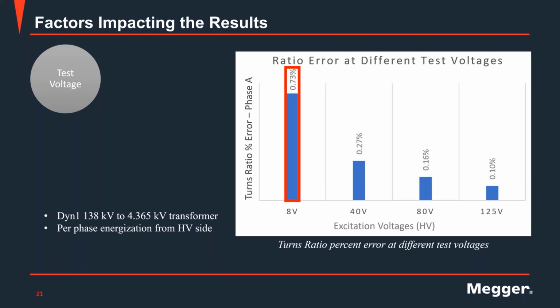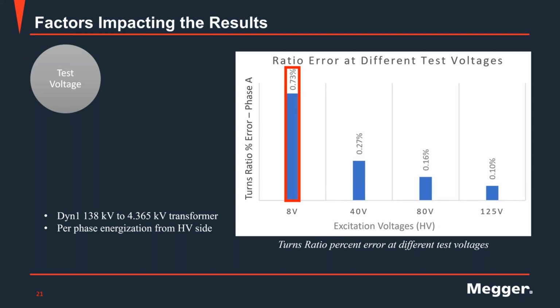You see, going from 8 to 40, the error goes down to 0.27%, and as I increase the voltage all the way to 125 volts, my percentage error goes down. Really important to say, and again, first glance, you can say, well, you are not making the transformer better, right? This is showing a voltage dependency for the test on this transformer, right?